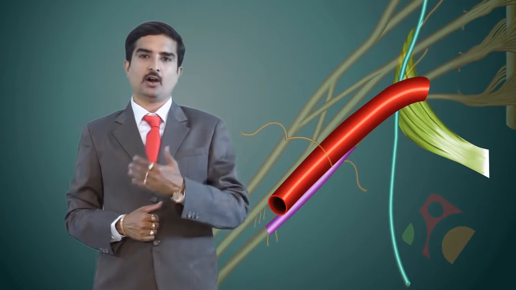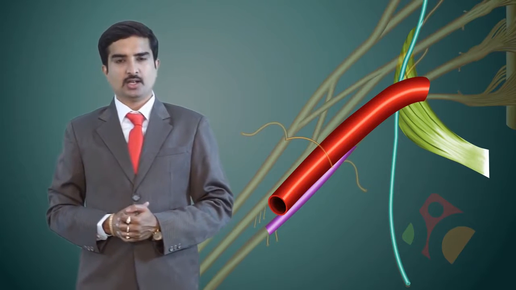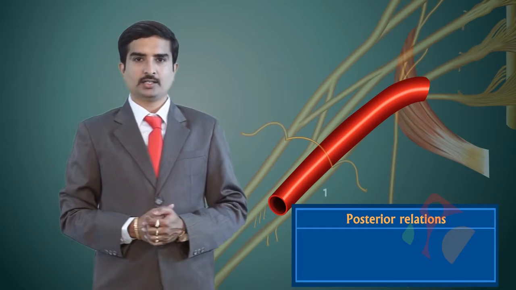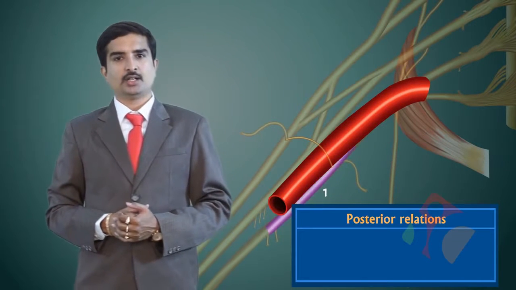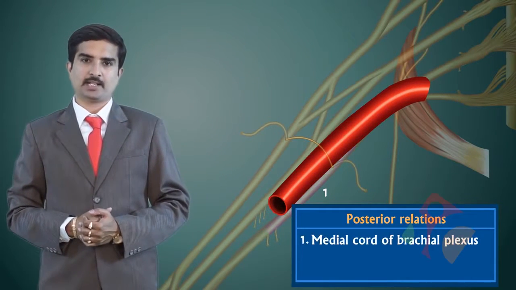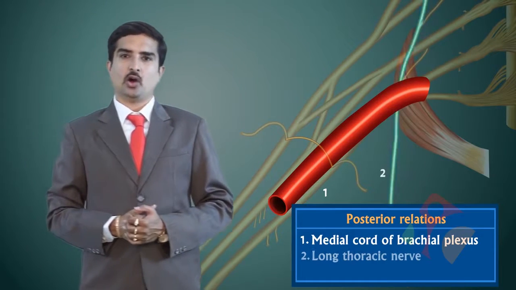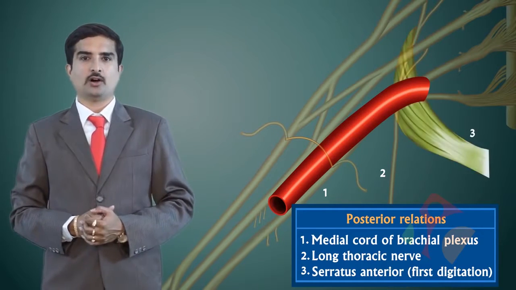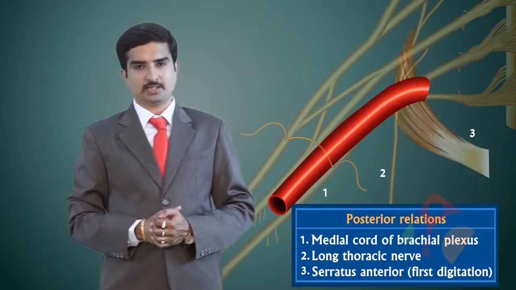So these three are the posterior relations. What are the three posterior relations of the first part of the axillary artery? The medial cord of the brachial plexus, the long thoracic nerve, and the first digitation of the serratus anterior muscle.